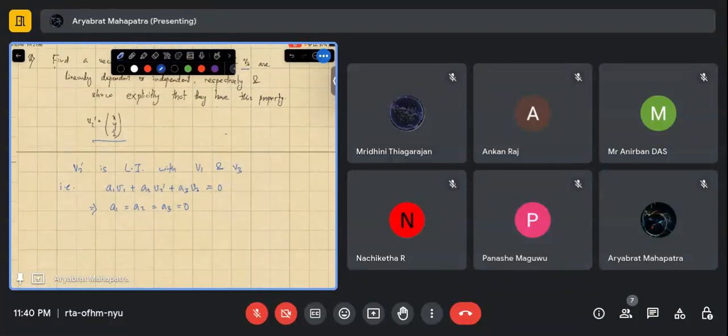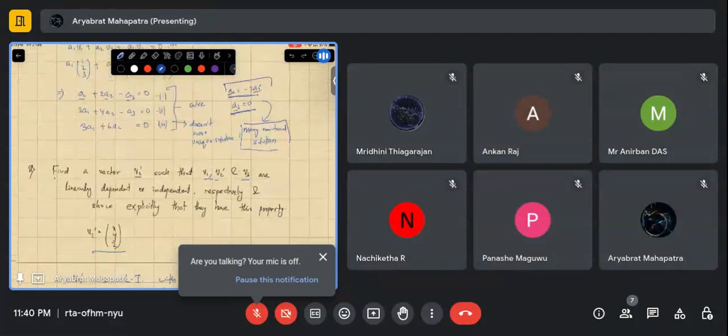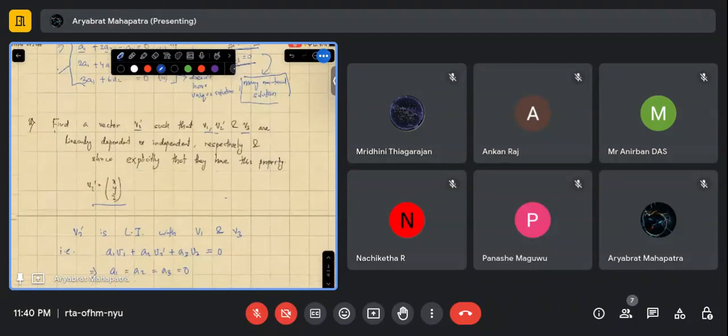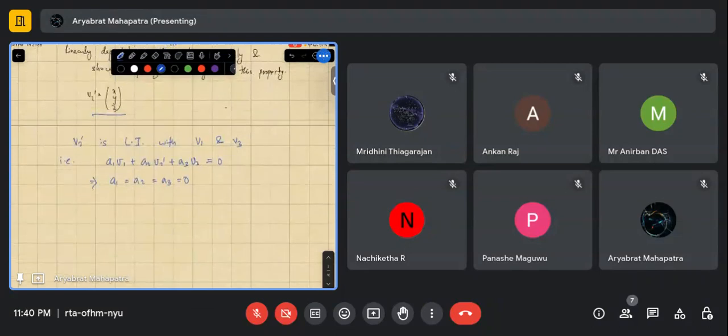Again, using this new vector v2 prime, you can construct the same sort of system of equations, just like last time around. This time, if you plug in v2 prime, you will see that xyz will appear.